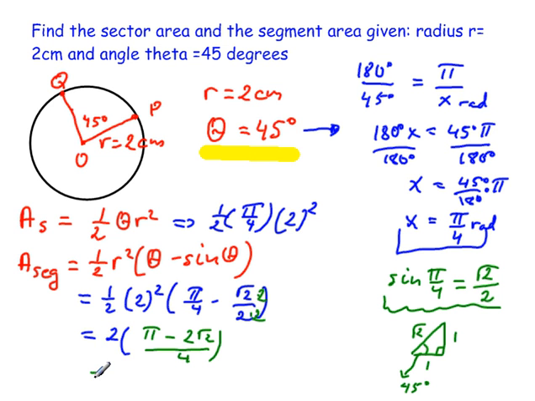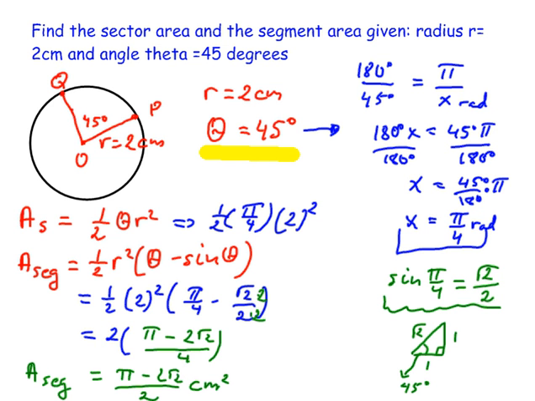And now you need to simplify it further, so you divide it by 2. This is why you have pi minus 2 root 2 over 2. So the area should be expressed in centimeters. So the area of the segment is equal to pi minus 2 root 2 divided by 2 centimeters squared. So this is the exact format.